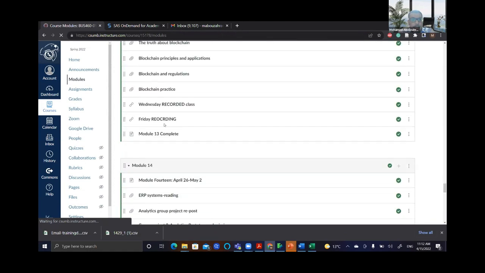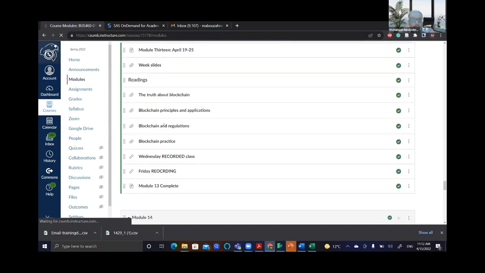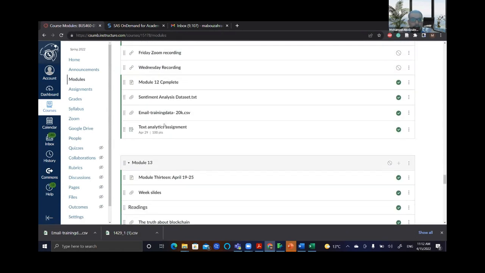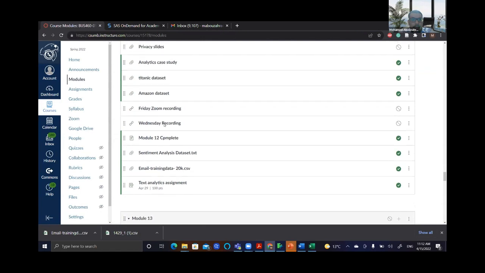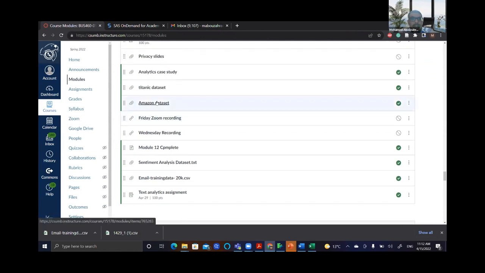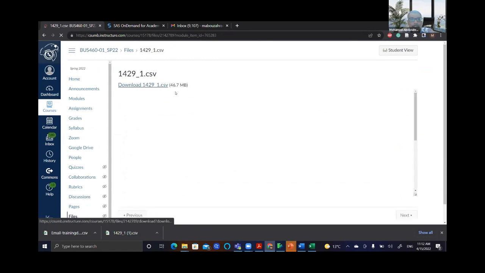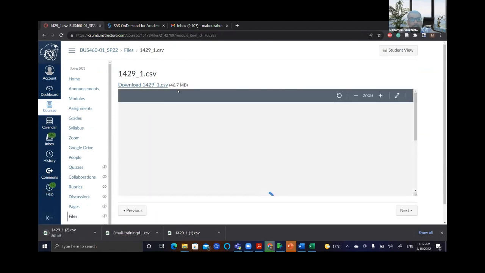Module 12. You will find the Amazon dataset right here. So I want you to download this dataset, please. Okay. We'll see if it will open. It may not open in JMP because it's big, but it's really nice. We'll see if it opens. If it doesn't open in JMP, we'll use another dataset.